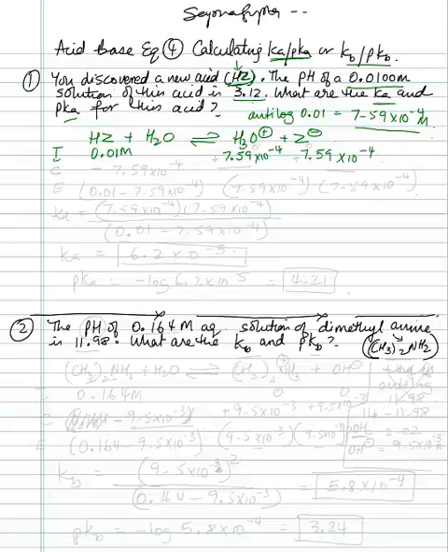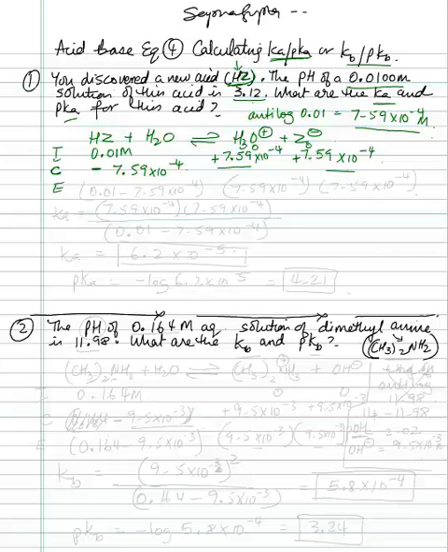You started with the acid, so the change is going to be the minus 7.59 times 10 to the negative 4, and the change for the ions is the plus 7.59 times 10 to the negative 4, because that's from the pH. So after dissociation, that's the concentration you get. Initial for the ions was still 0 and 0. My bad for that, but I hope you understand that part.